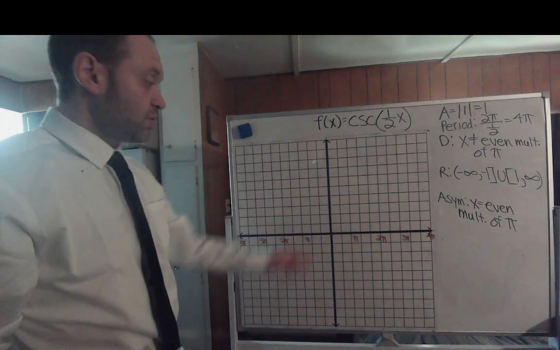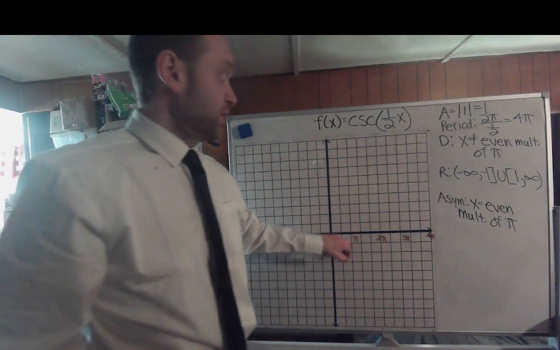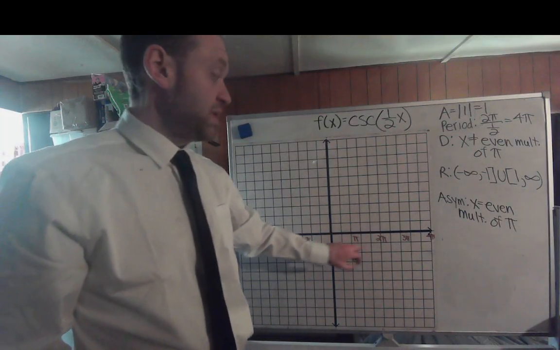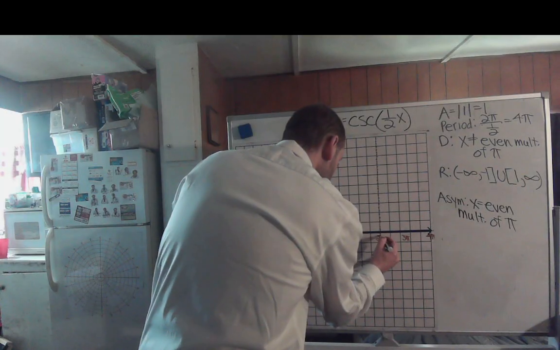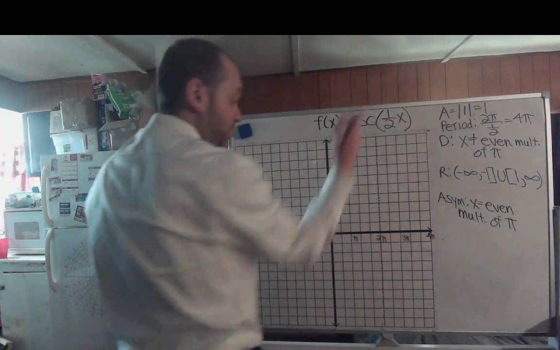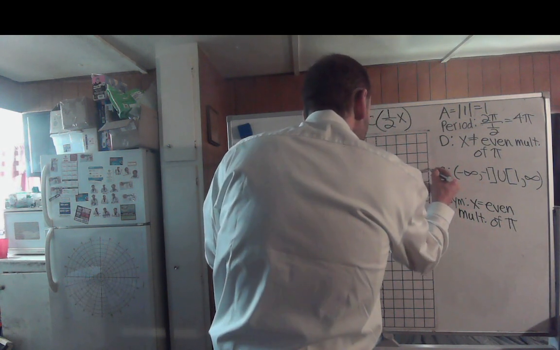Well, 0 is still an asymptote. Normally pi would be 1, but that would give you pi over 2, which is defined, so 2 pi is an asymptote this time, because you would have the cosecant of pi, which is undefined. 3 pi would actually give you 3 pi over 2, so that is defined, but 4 pi would give you the cosecant of 2 pi, which is undefined.